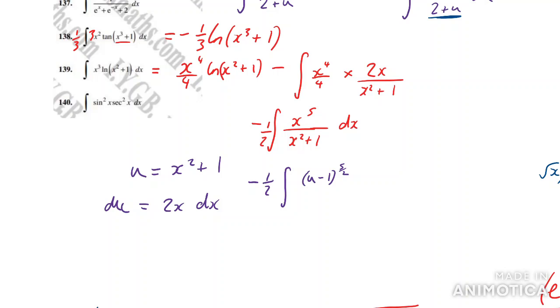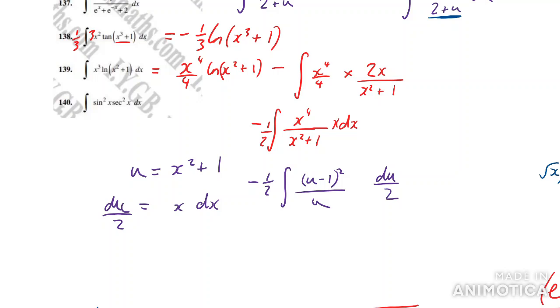Actually, let's just rewrite this top as x to the 4 times x dx, because we know that x dx is going to be du over 2. And so this is actually slightly nicer. It's u minus 1 squared times du over 2 all over u.